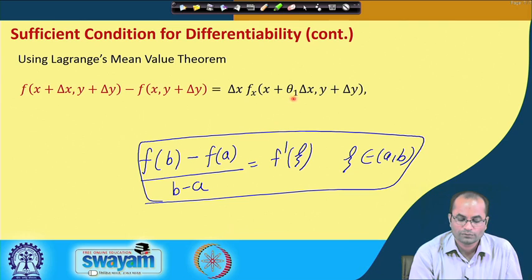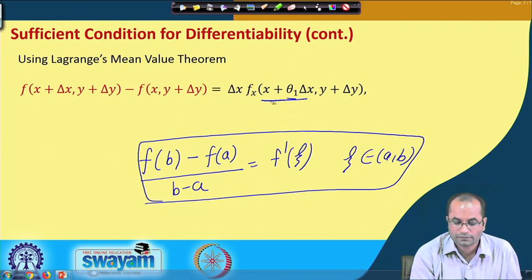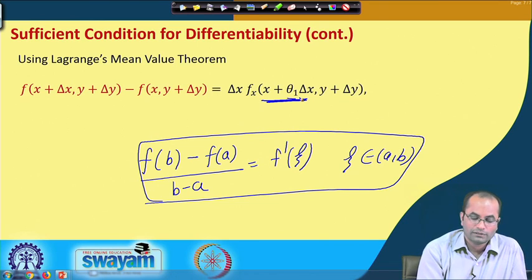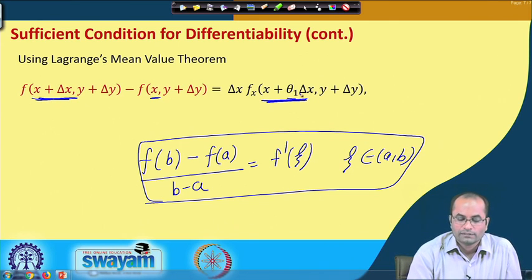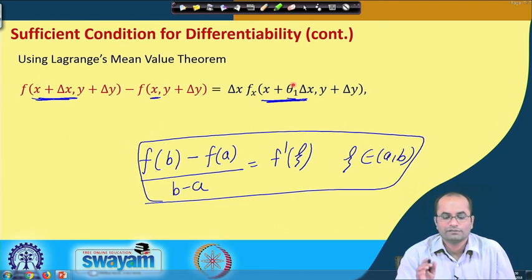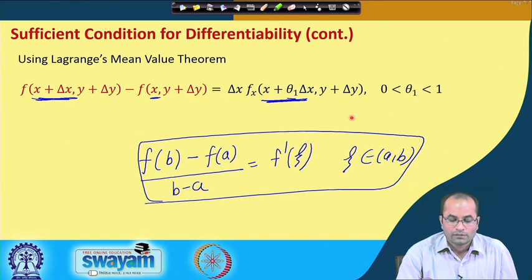Here also the argument will vary between x and x plus delta x. So we have introduced this theta 1, so that the argument will be precisely between x and x plus delta x when theta runs between 0 and 1. This theta 1 here is between 0 and 1.